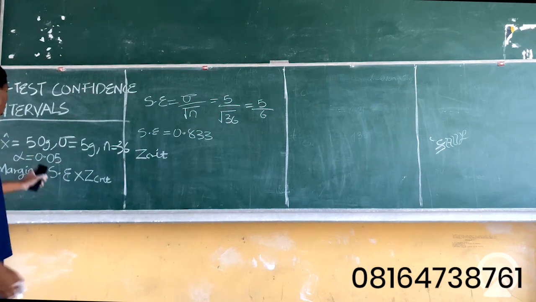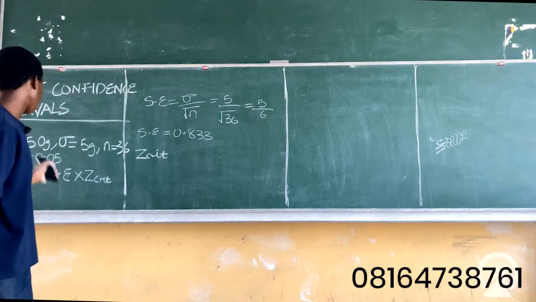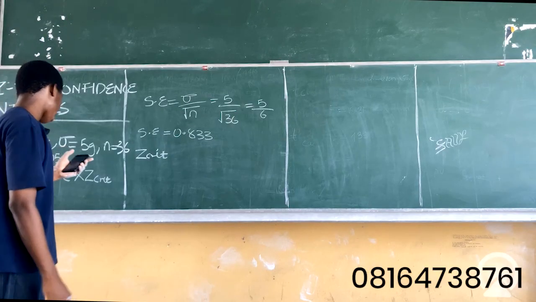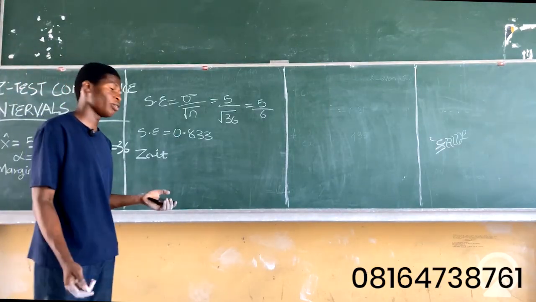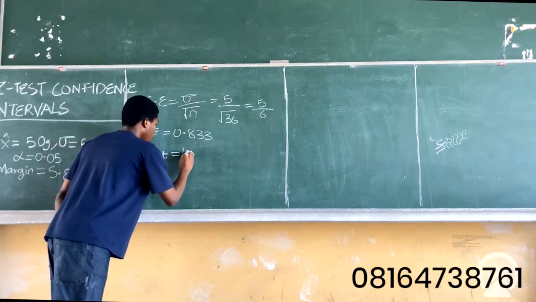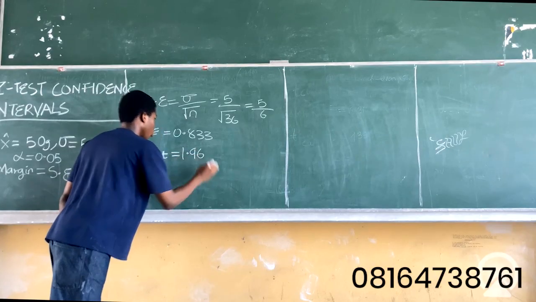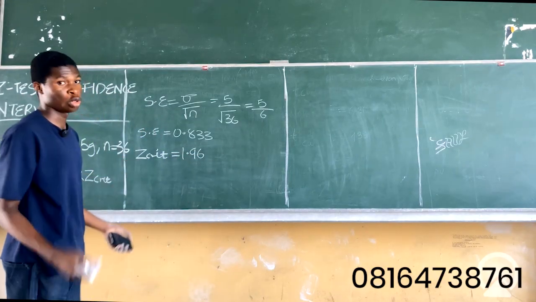If you're provided with this, we're going to be looking on our Z critical table, and we're going to be finding 0.05, which is usually known as a 5% level of significance. The Z critical value is usually 1.96 for a two-tailed test problem. So this is the value we should be looking at.